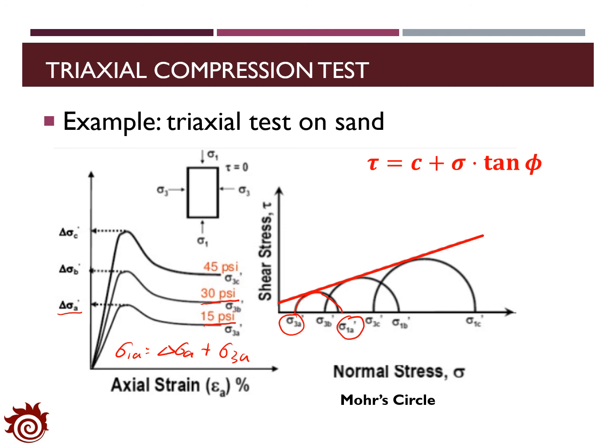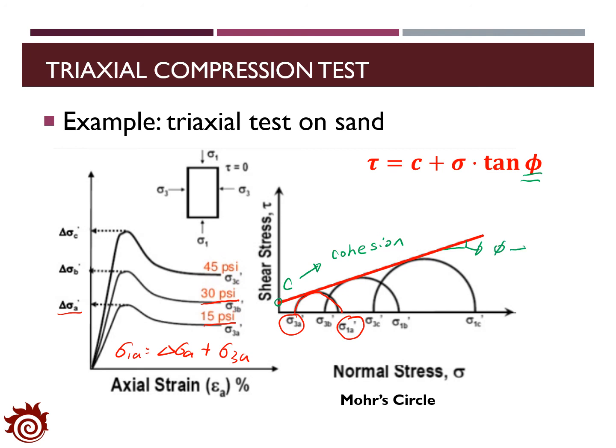In this equation, we have two coefficients. The first one is C. C is defined as the cohesion, which we specified in the previous pages. And the second one is phi. It represents the slope of the line, so that would be the angle.